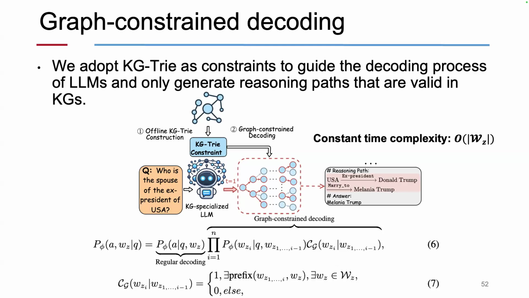After graph-constrained decoding, it generates a faithful path that exists in the knowledge graph. Then we switch back to the original decoding. We already got the path, so we finish the reasoning process. Then, for the final answer, we can just utilize the internal knowledge and reasoning ability of the LLM to decode it. So here we can see that we do not inject the knowledge into the input of the LLM.